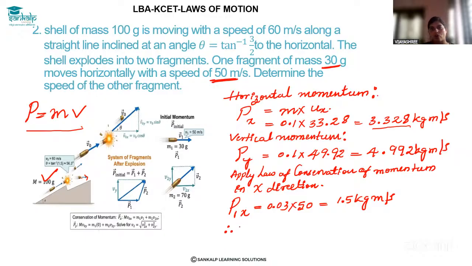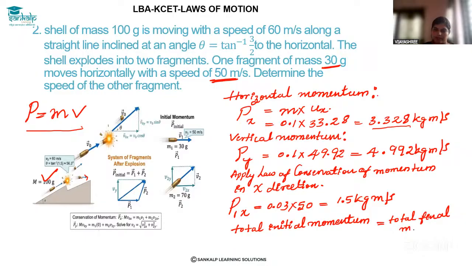According to the law of conservation of momentum, total initial momentum is equal to total final momentum.